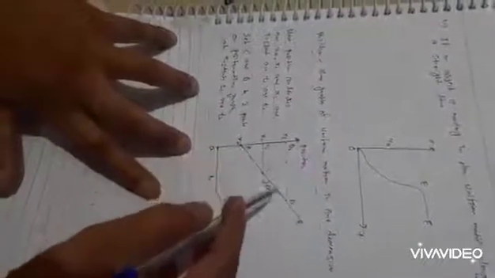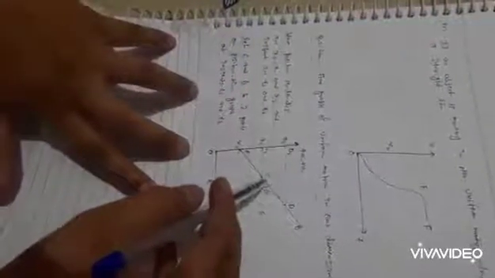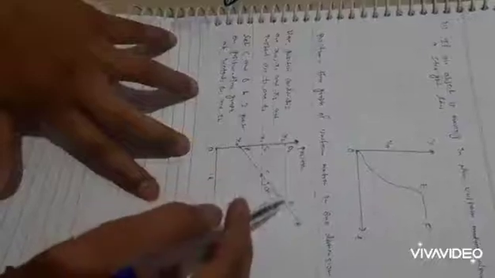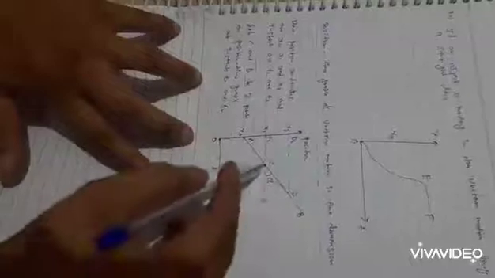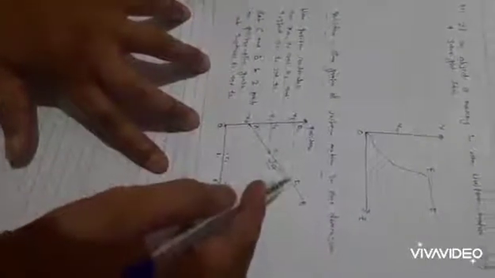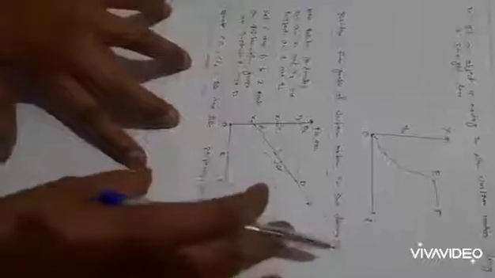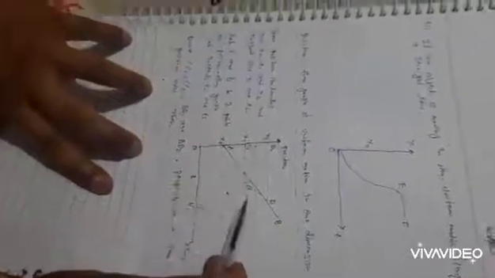Suppose this is your graph of the moving object, and we take 2 points, C at instant t1 and D at instant t2.